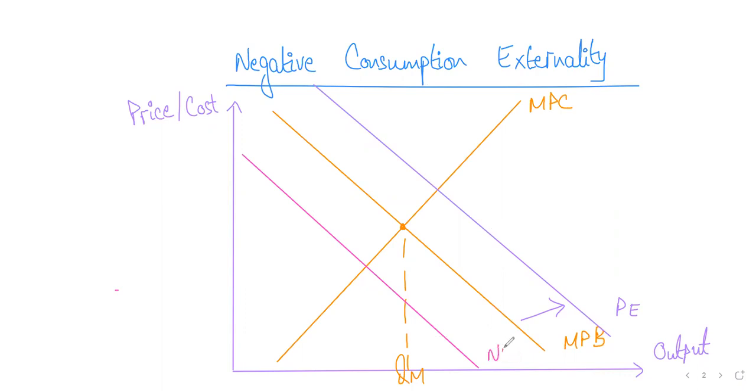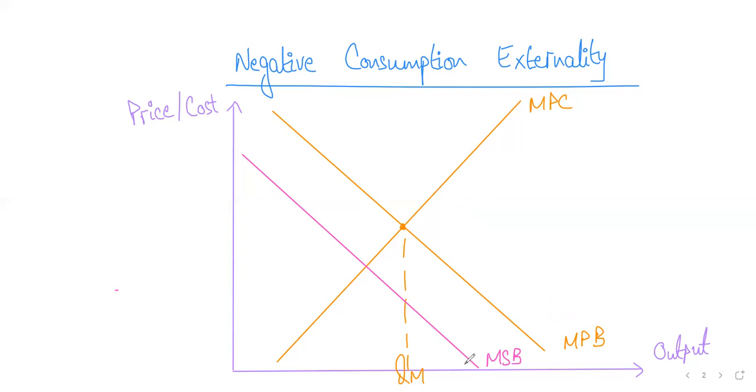Why is that to the left? Because it is causing a harmful effect on the third party. Any confusion so far? Is it making sense, right? So the social benefit in this case, where it's negative consumption externality, would be to the left.